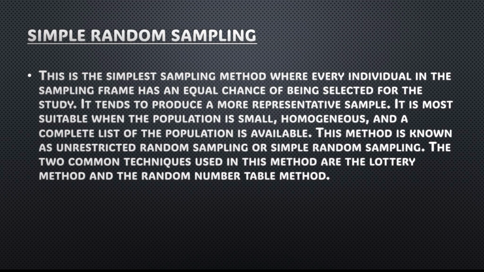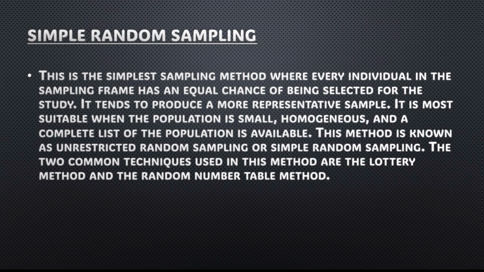In a lottery method, what we will do is, we will note down all these 100 individuals and give a number to them from 1 to 100. Then we will take chits, 100 small chits, and write the numbers from 1 to 100, fold those chits and put it in a drum.